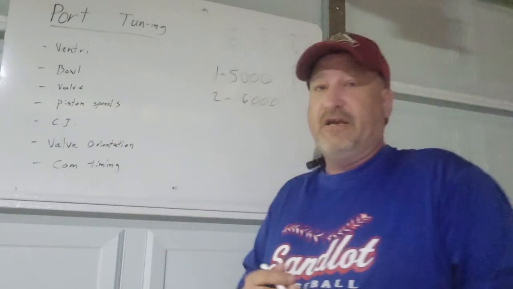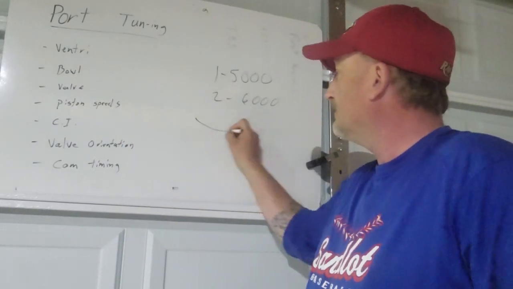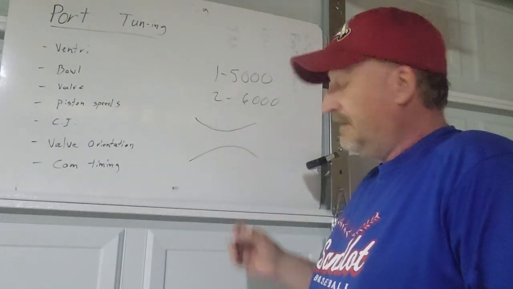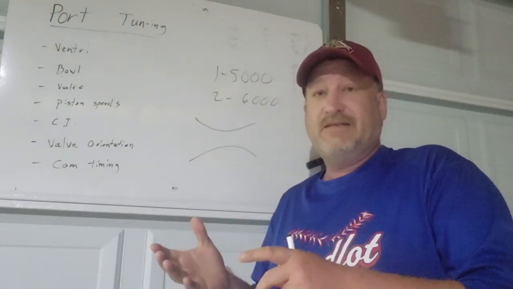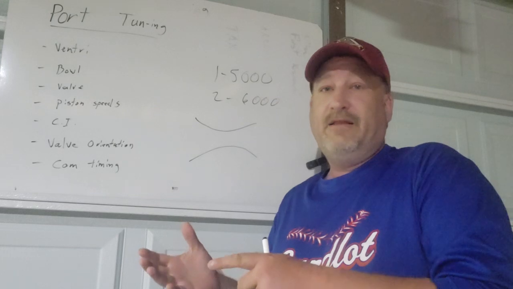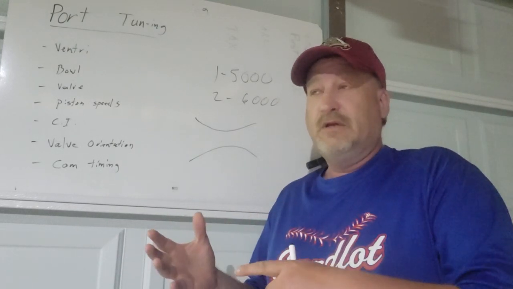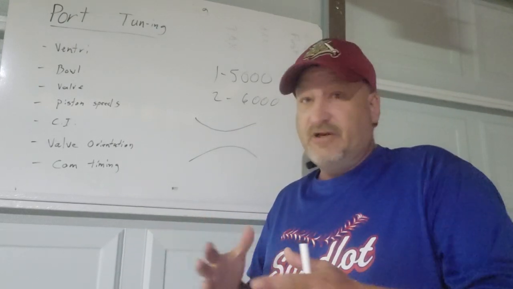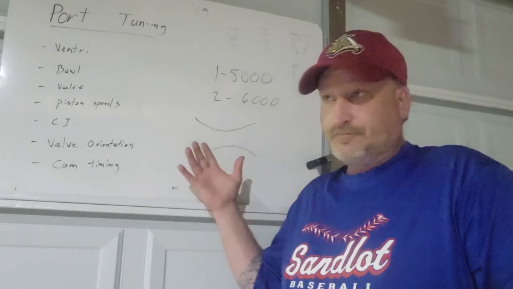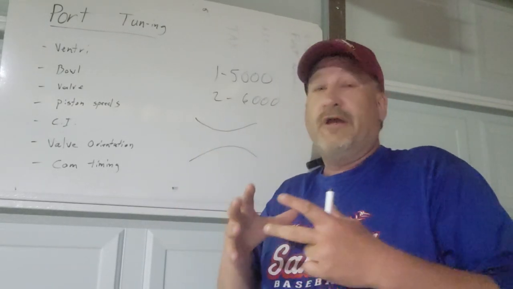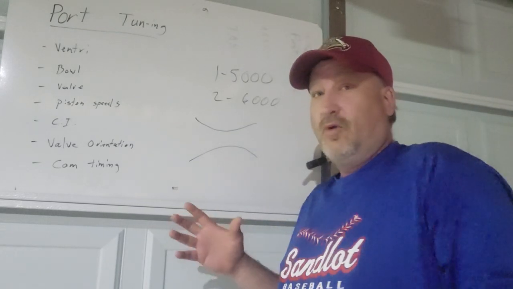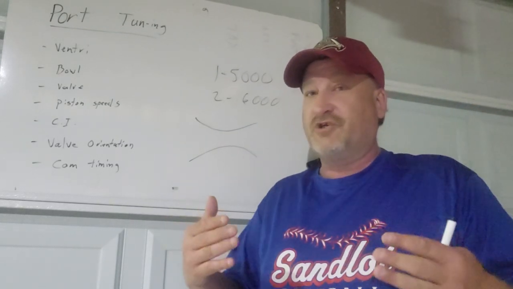Obviously, the venturi of the intake system. That includes the venturi of the carburetor, the size of the intake ports, when the velocity and volume is contributed to the RPM range, and how big the bowl area is compared to the rest of the port, referring to the reversion.